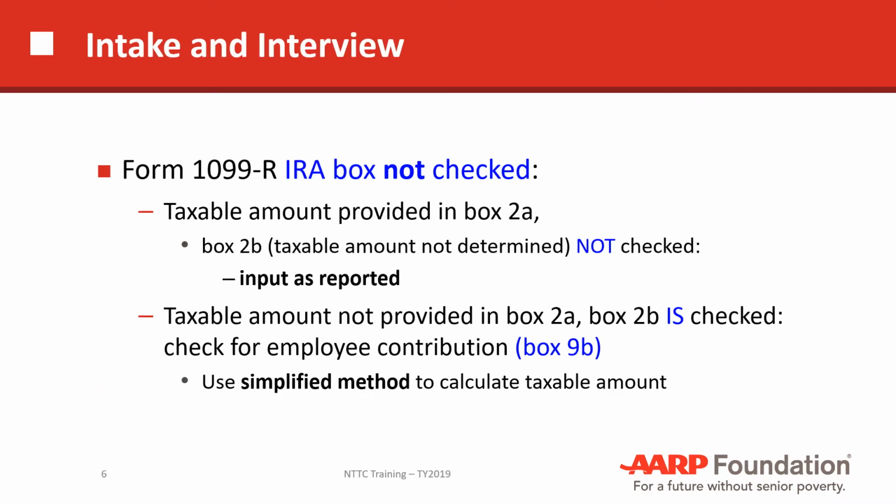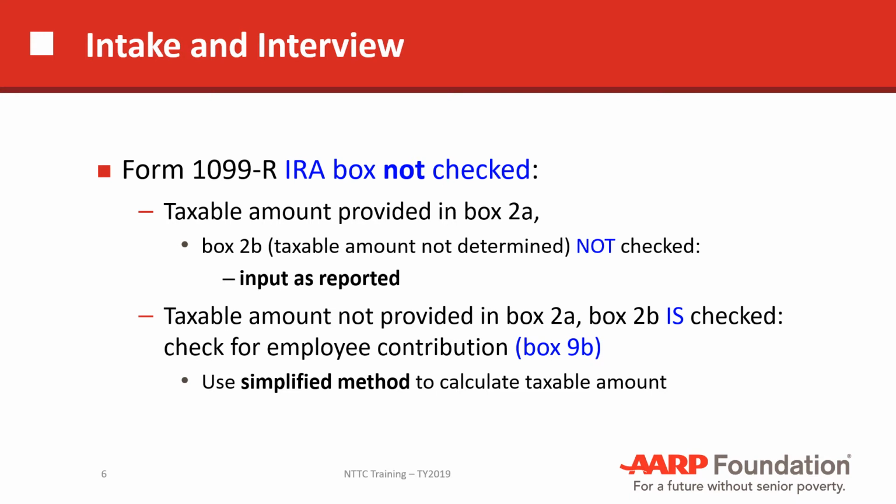Let's talk about two specific situations that you would encounter at your site as part of the interview process. So we're going to look at a Form 1099-R that you perhaps would have received from one of your taxpayers, and it could reflect two different scenarios.